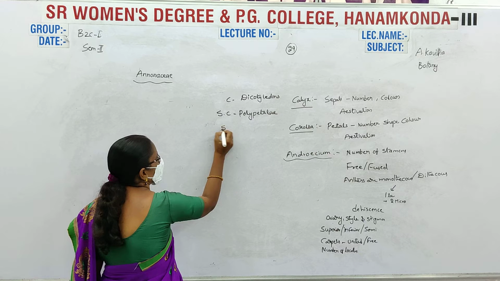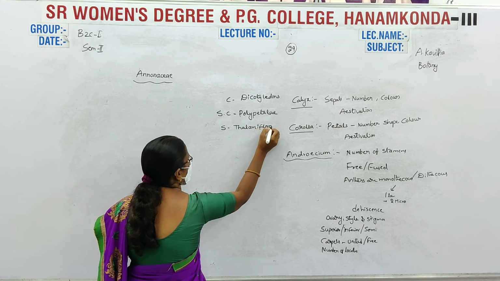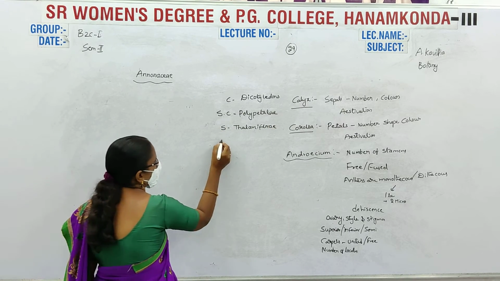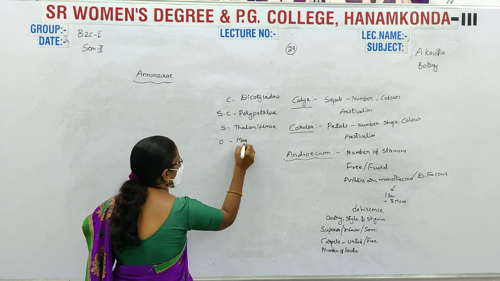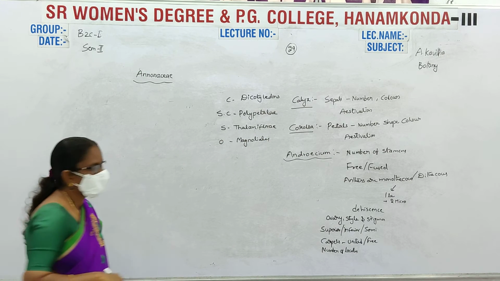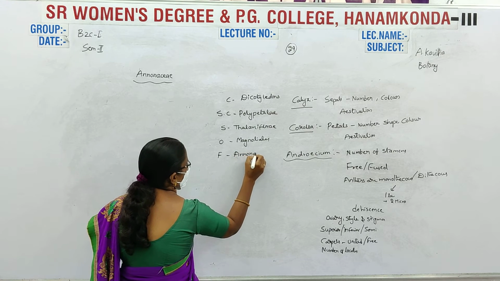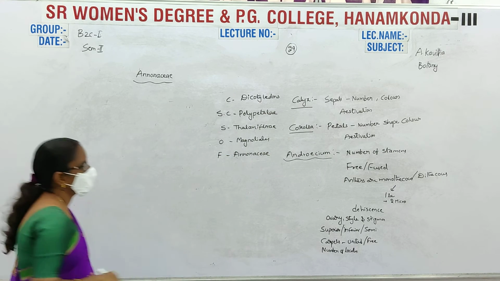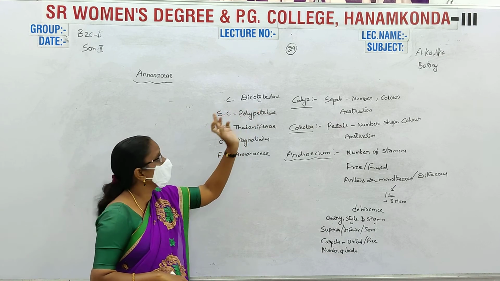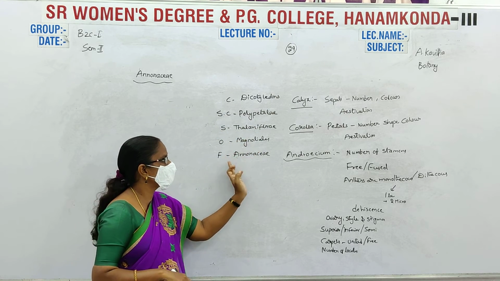Series Thalamiflorae. Order Magnoliales. Family Annonaceae. This is the classification of the Annonaceae family: class Dicotyledonae, subclass Polypetalae, series Thalamiflorae, order Magnoliales, family Annonaceae.